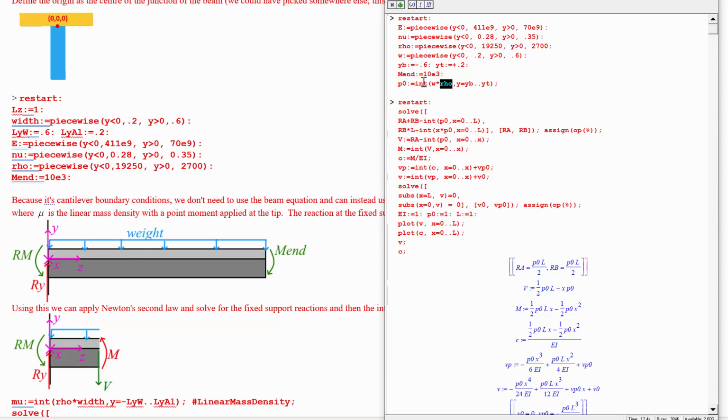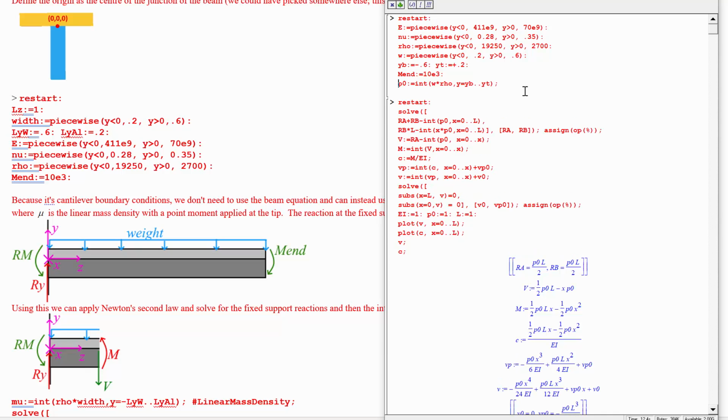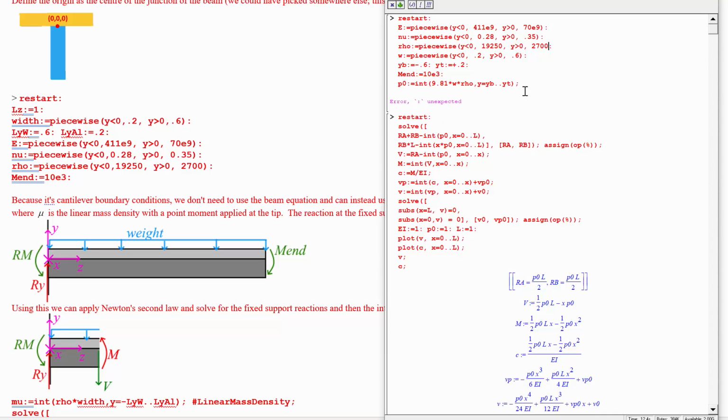Density is in kilograms per cubic meter, so integrating across the area will give us this kilograms per meter. Now that's not actually the force. To get the force, we would now have to also multiply this thing by 9.81. So we'll take 9.81 times that, and that will be the weight.